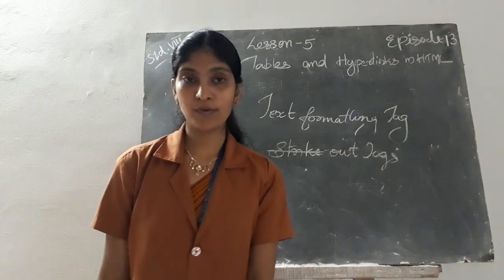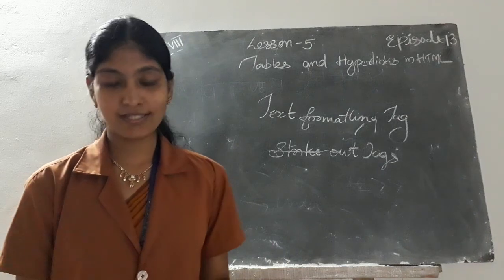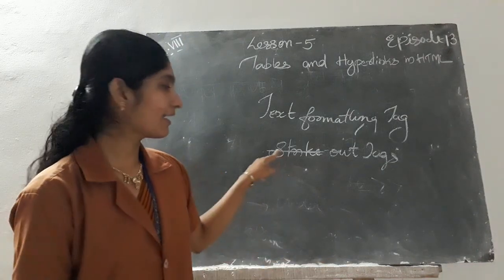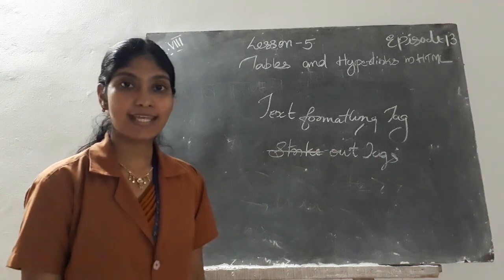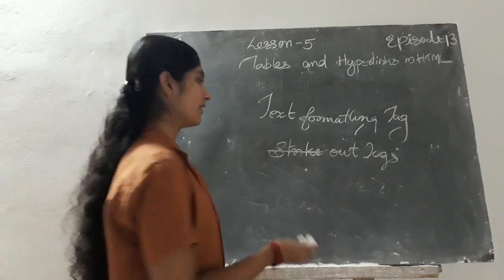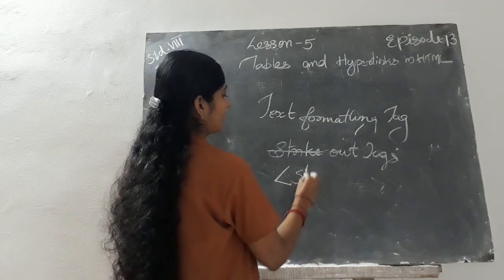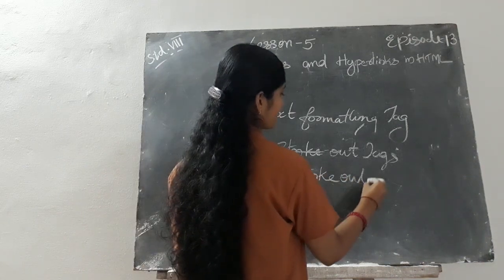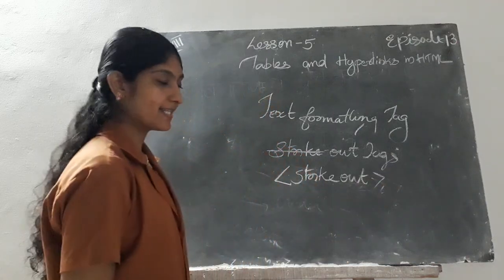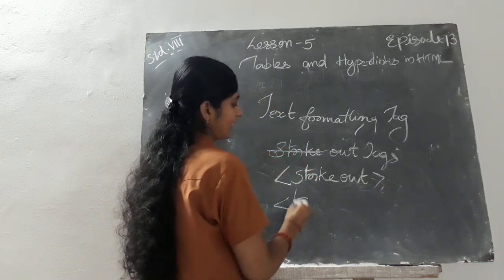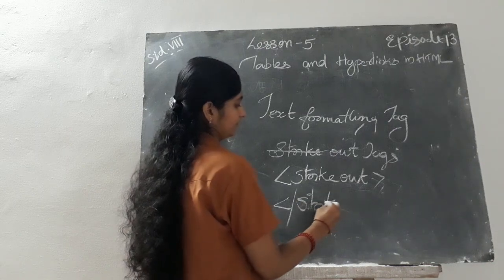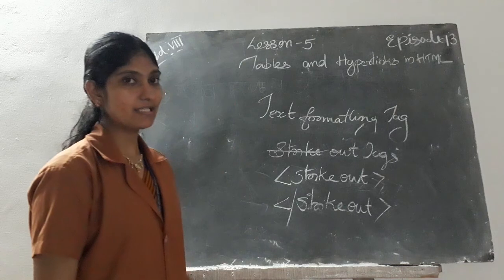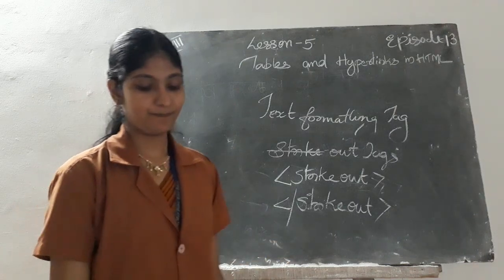So if you want to put a line through the center of the text, you can use which tag? Strikeout tag. So here this is the opening of strikeout and then next is the closing of strikeout tag.